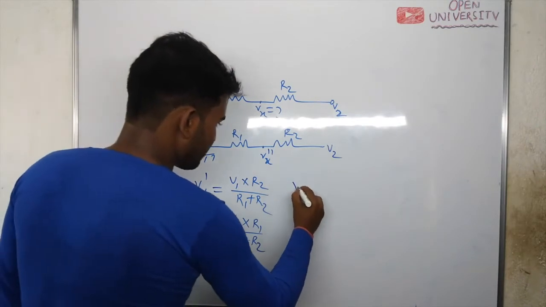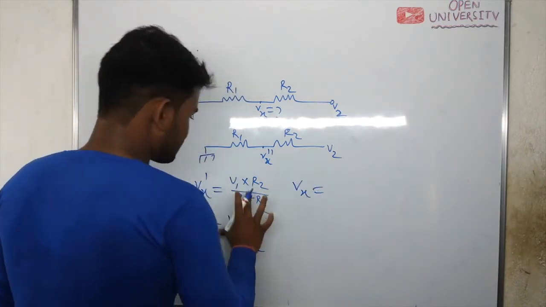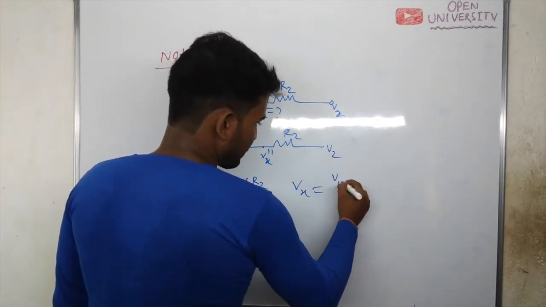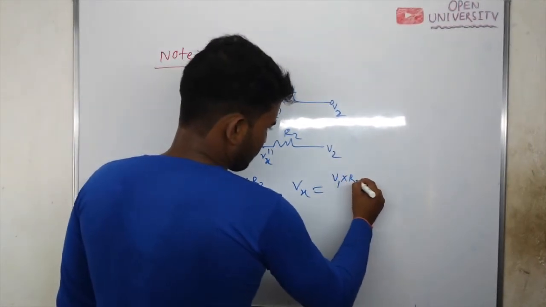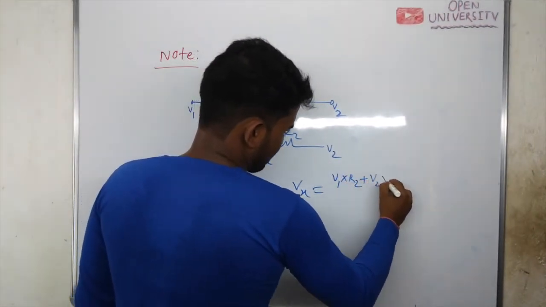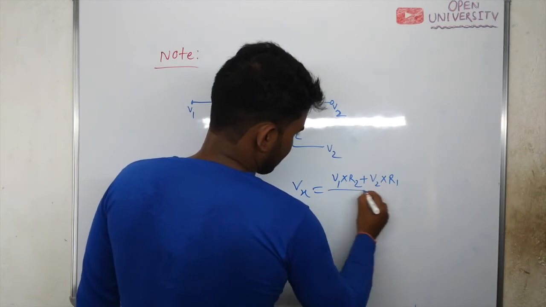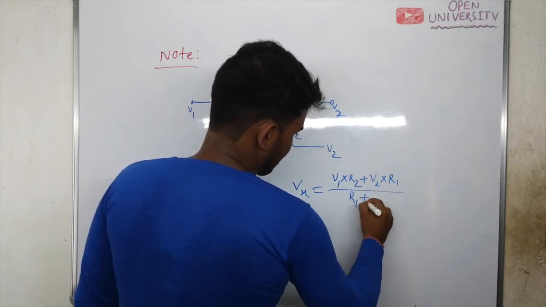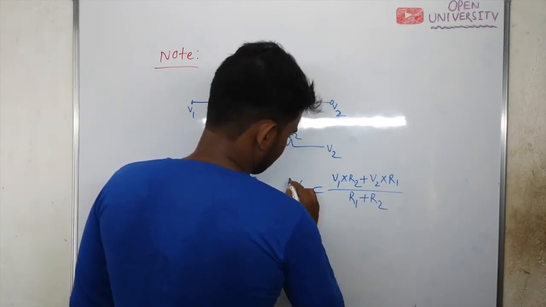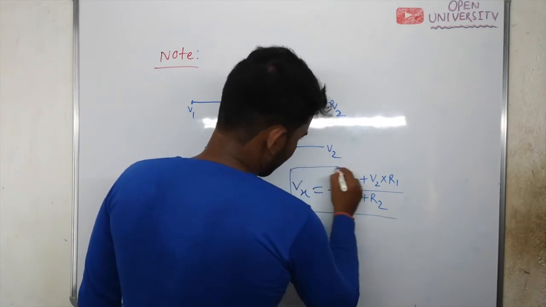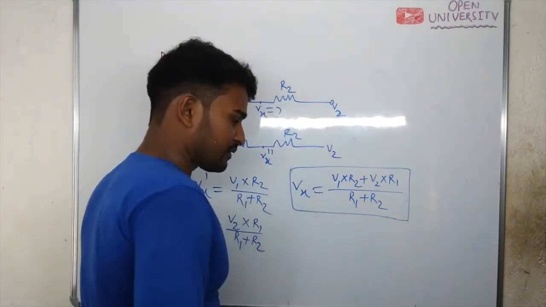Then what will be your Vx value? You just add these two values. That will be V1 into R2 plus V2 into R1 divided by R1 plus R2. Remember this formula, we will be using this formula.